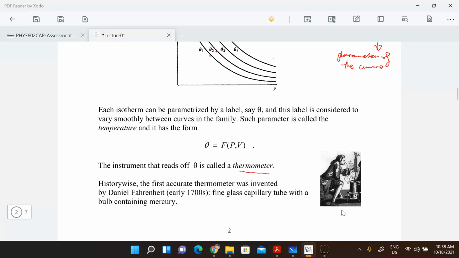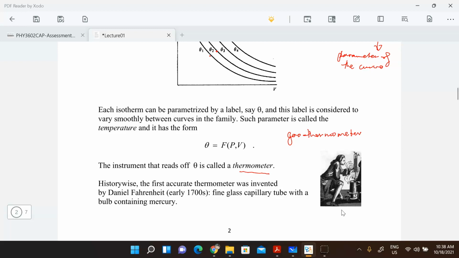Initially, in those days, they had what we call a gas thermometer. But the gas thermometer is not so accurate. So then they found a better thermometer.